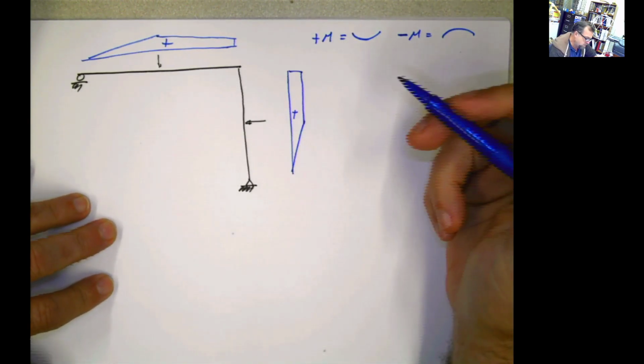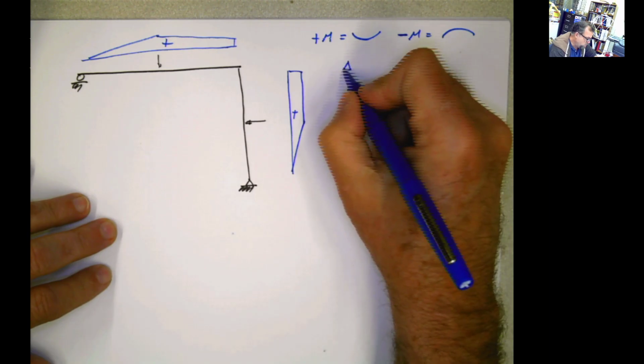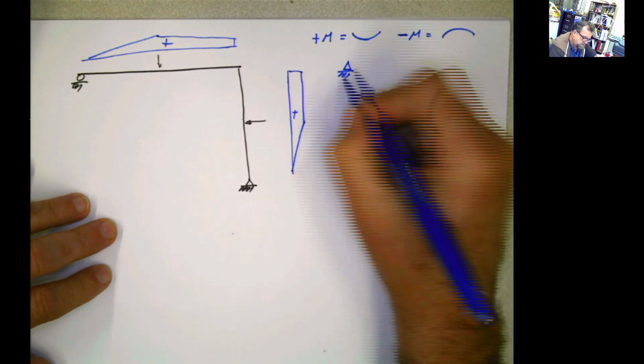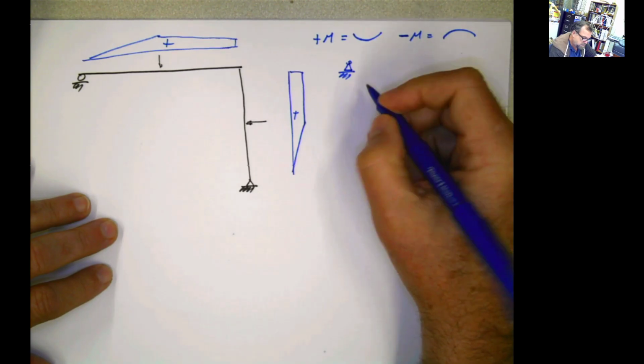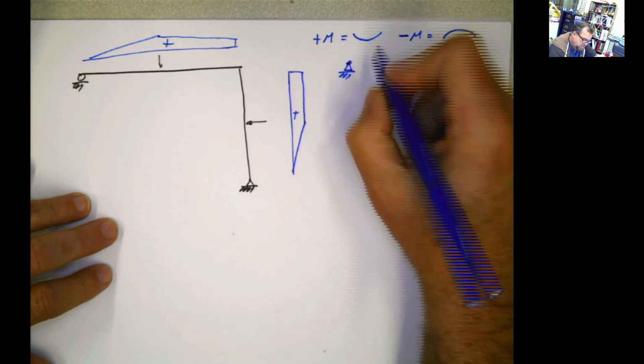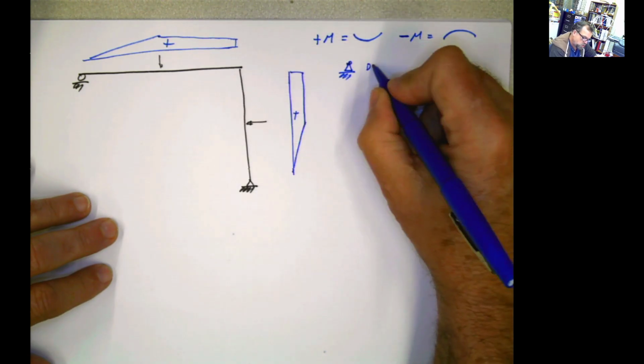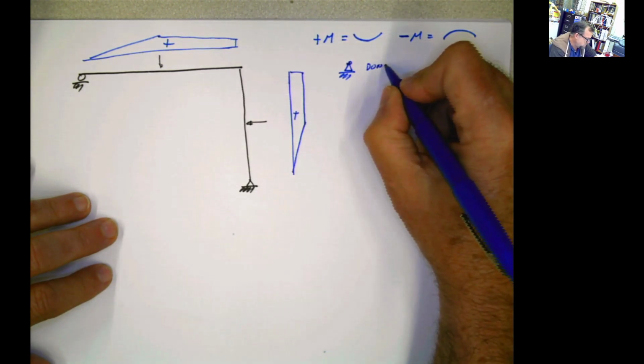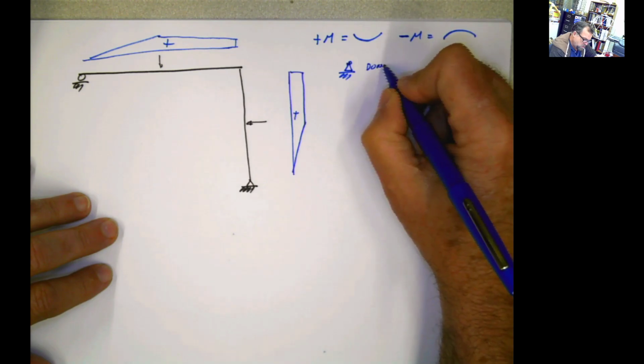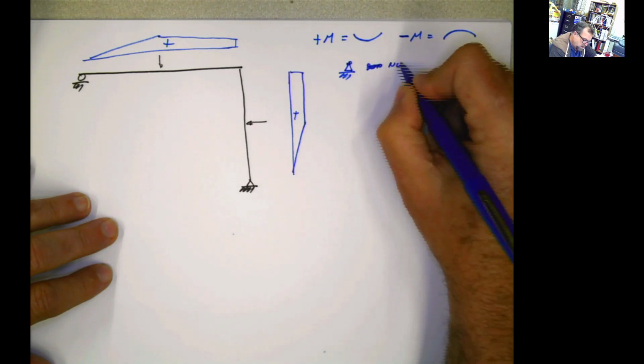The other thing that you have to take into account is if you're working with a pin, what happens with the pin? If you have a pin, can this move in any direction? No, so no displacement, let me put it like that.